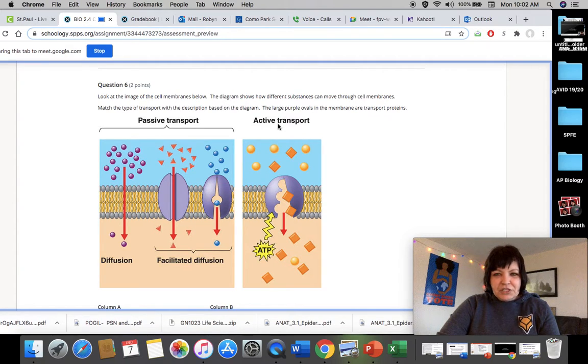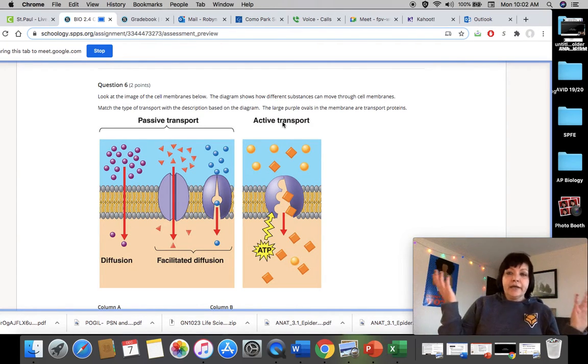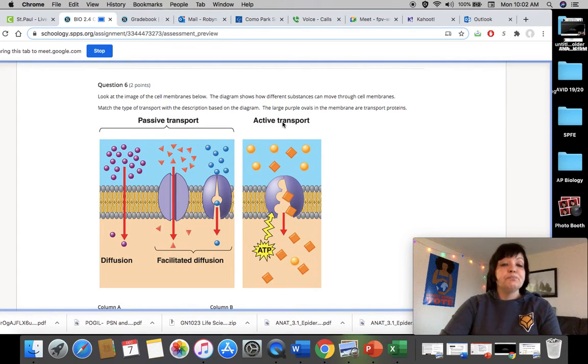And if you remember that discussion that I posted, active transport needs this ATP. Passive transport doesn't. You won't see ATP on the passive transport side. So ATP is energy, and that's all active means. And that makes sense because if you're active, you're using energy. If you're passive, you're just kind of hanging out, not using any energy.